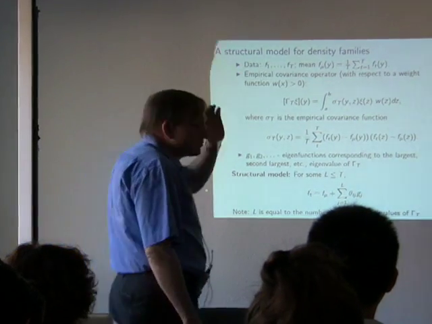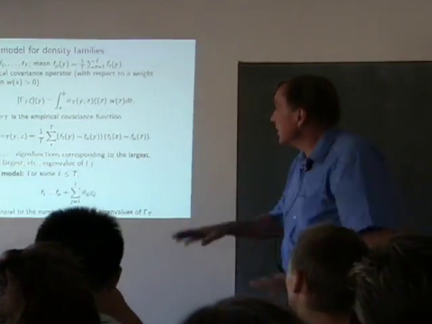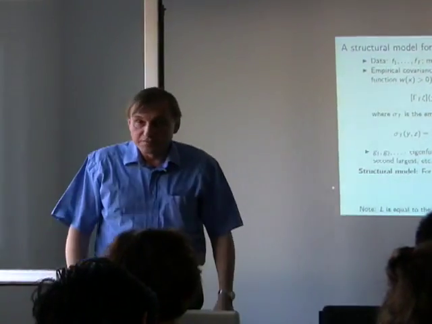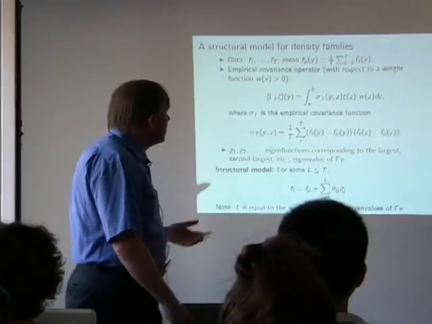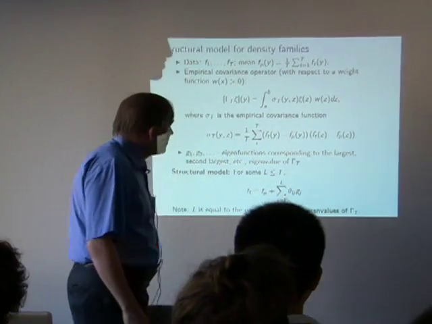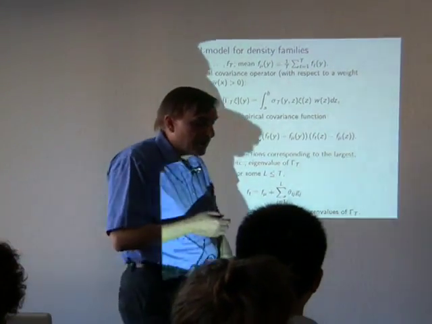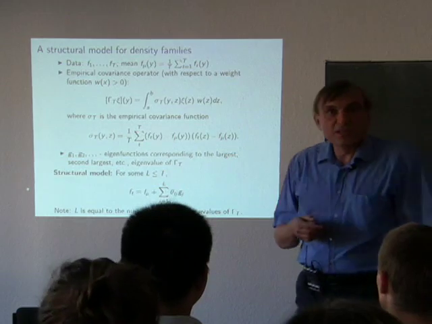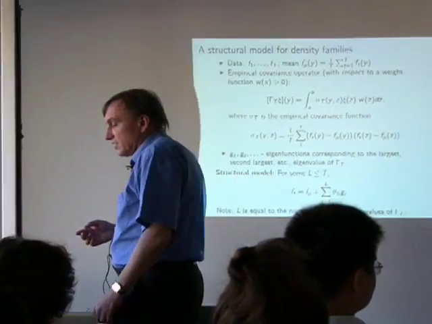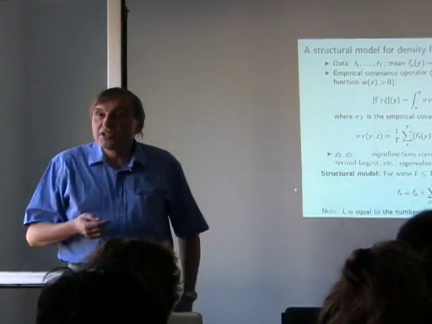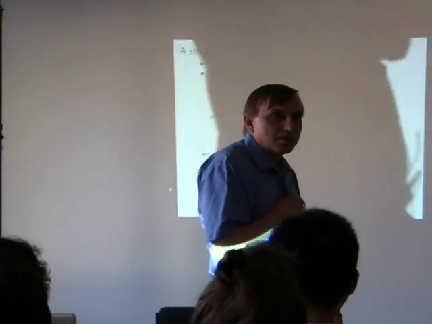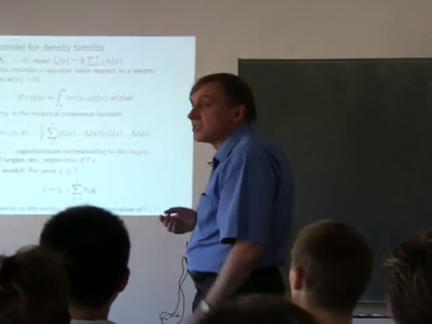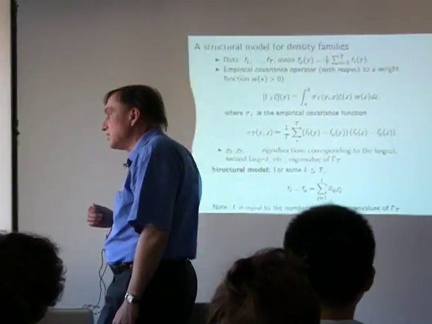Okay, so for these density families, what I do here is essentially, though they are random functions, they are certainly not IID random functions. What we want to do is to have some type of mixture model. Take income densities: essentially they are a mixture of different subpopulations, the unemployed, the pensioners, the full-time employed and so on, which all have different income distributions. So essentially they are a mixture of different densities.